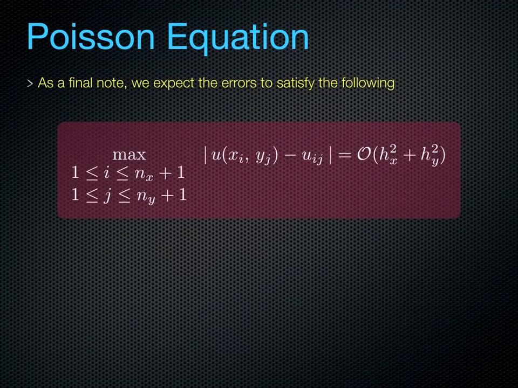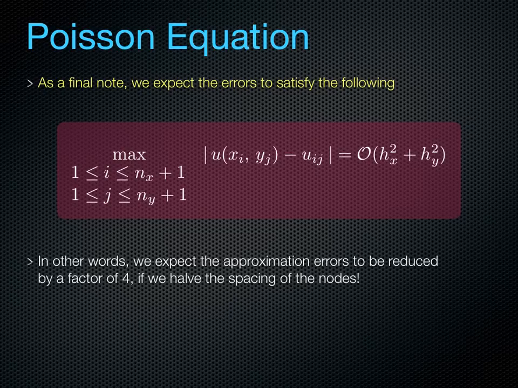Also, before we get there, we need to talk about the accuracy of the method. If you do an error analysis using the central difference approximations that we adopted, you'll find that the difference between the analytical solution and its numerical approximation is going to be of the order hx squared and hy squared, which means if we refine our mesh, meaning if we double, for example, the number of points along x or y directions, our error is going to reduce by a factor of 4.